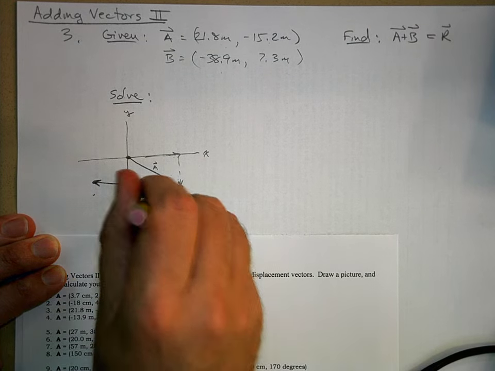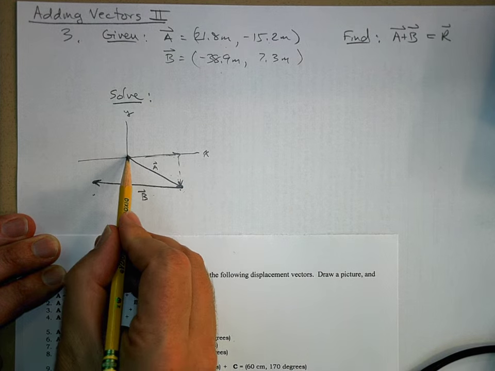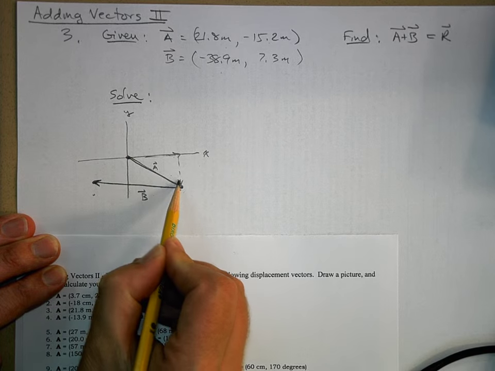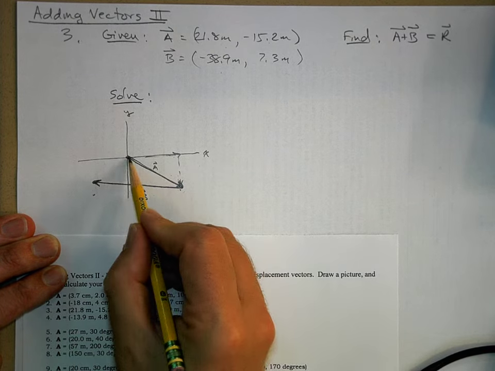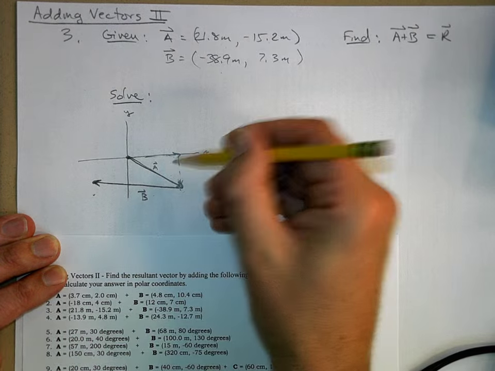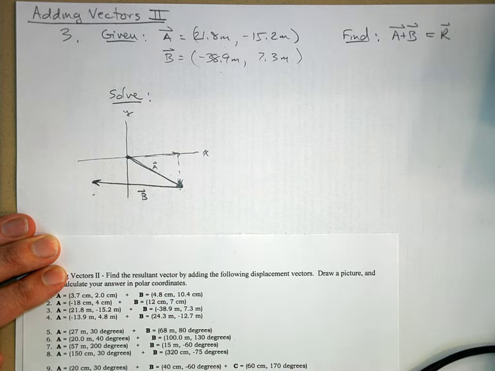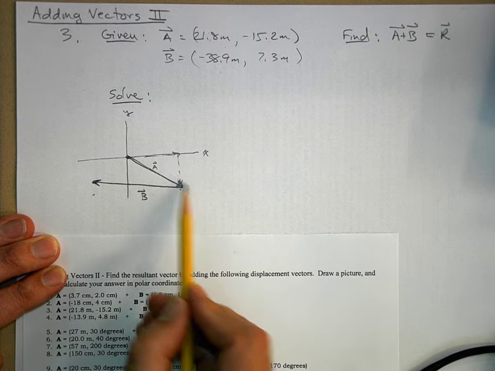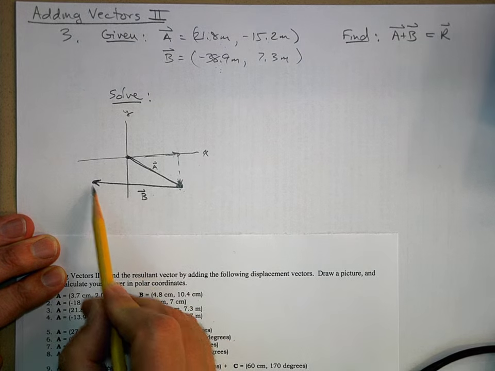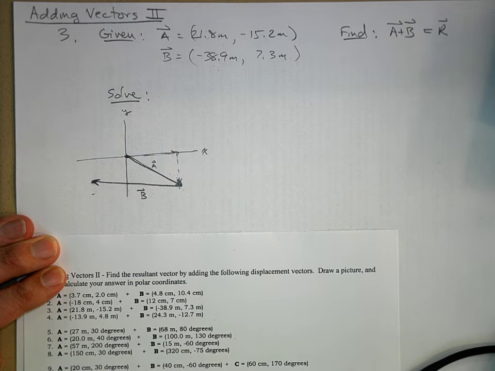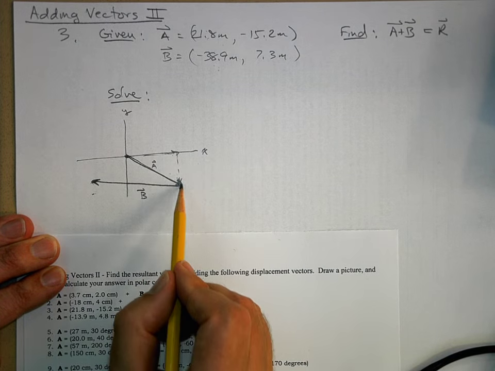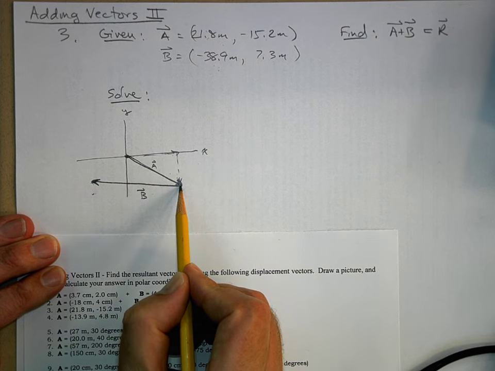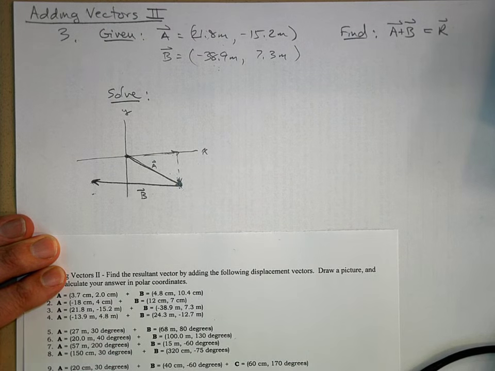I hooked up B to the end of A. A goes over 21.8, down 15.2, just roughly. B is way bigger than this, so it's going to go way farther over, and then go up a little bit. But you do that from where A ended. When you add vectors, you're hooking them up head to tail.